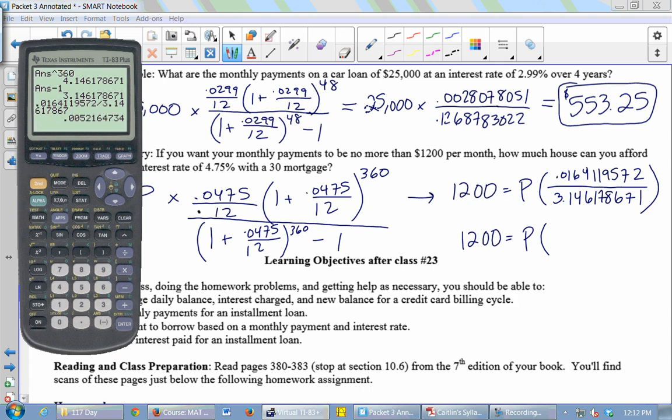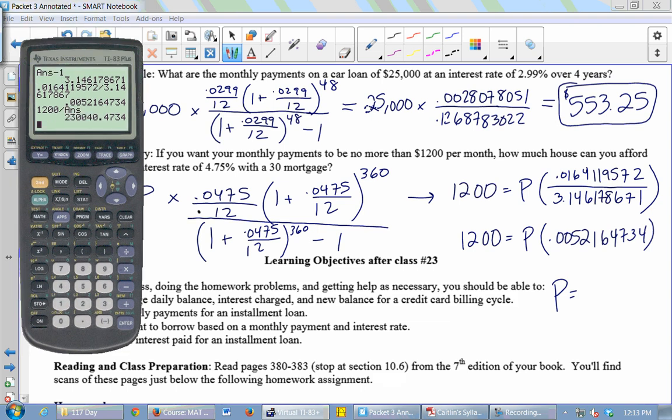Okay, and then multiply, and then, oh, okay, yeah, so that's 0.0052164734. And then to get P by itself, divide both sides by this decimal, right? So I'm going to do 1200 divided by that number. And I get $230,040.47.